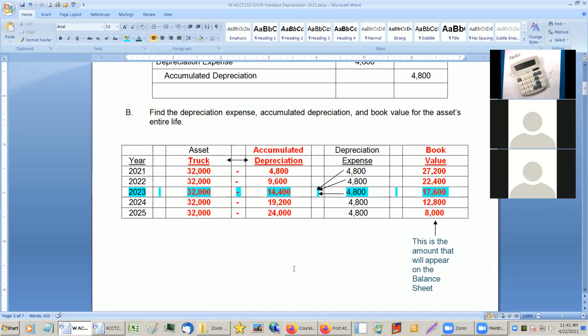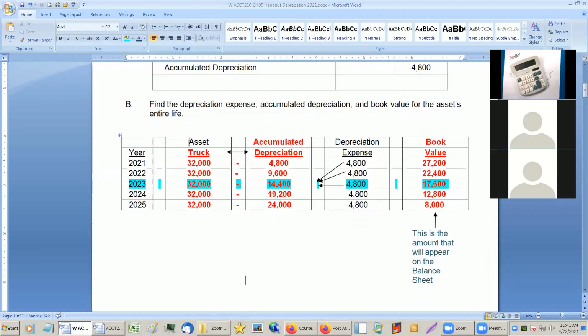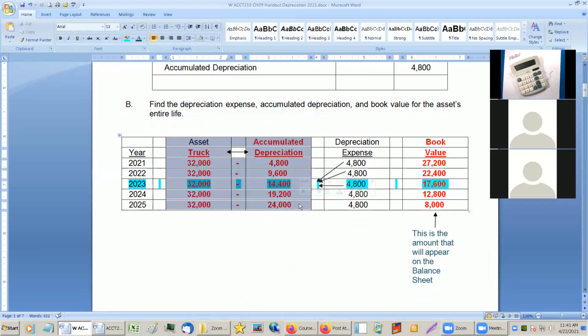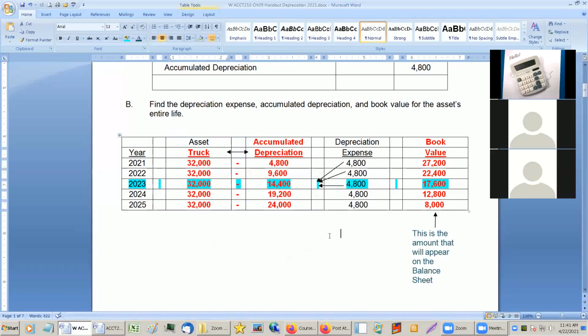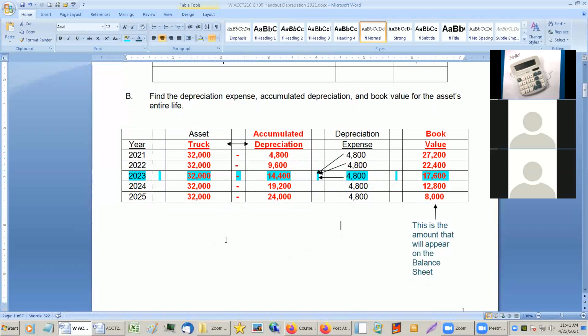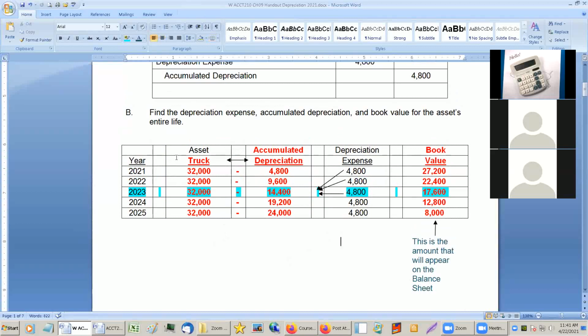Any question on that? And again, it is kind of quirky that we have this accumulated depreciation, but it's there for a reason. It gives a little more information. You could subtract it right out from the truck. We don't do it that way, but there's nothing wrong with thinking of it that way.